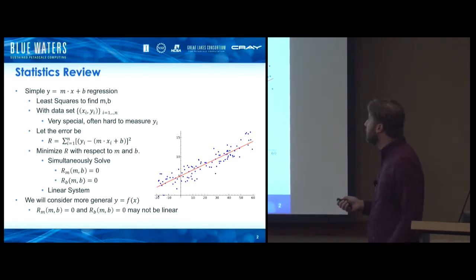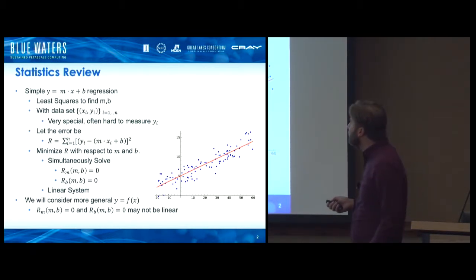So just a reminder, to do the least squares method, we need to define what our error is. In this case, it's just an L2 norm between our proposed linear model and the cloud of data.